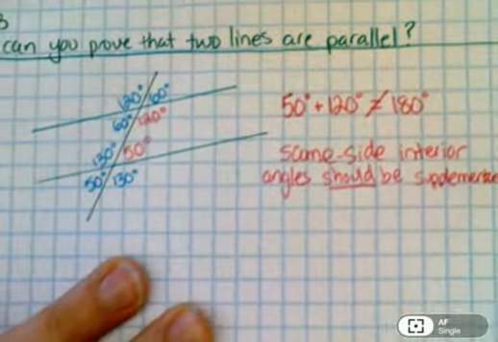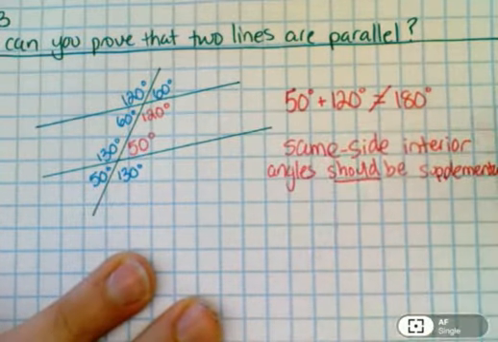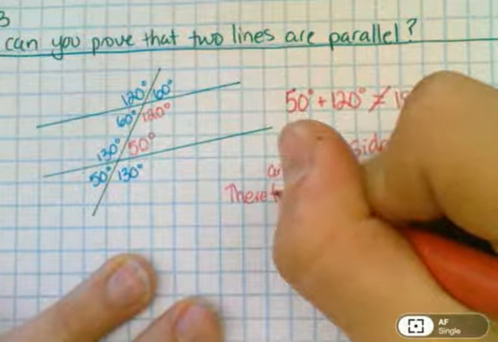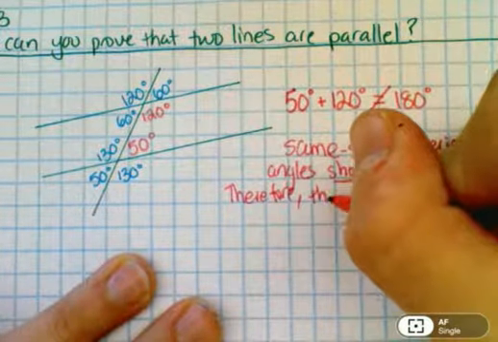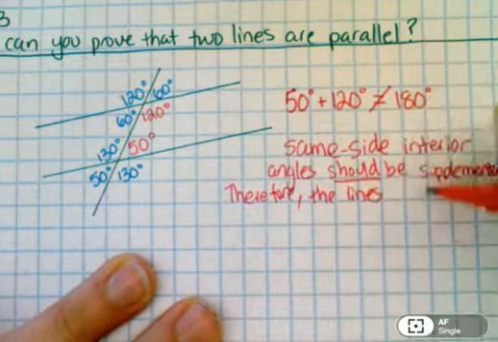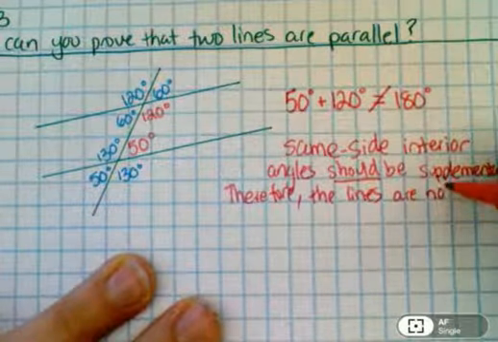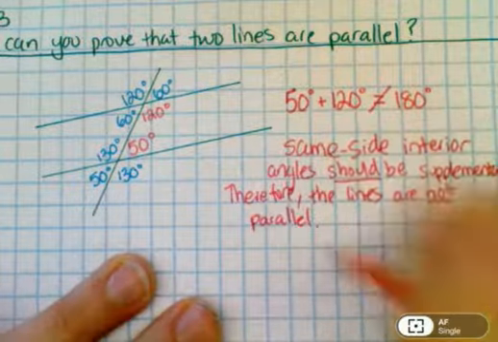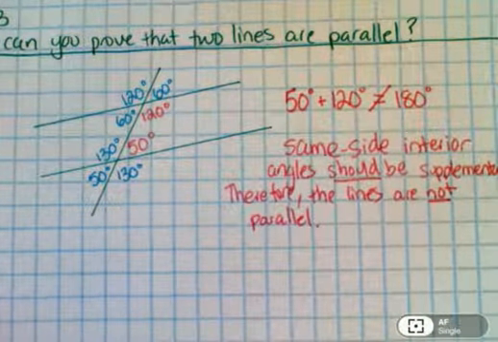And they're not. Therefore, these lines are not parallel. So we're going to write all that out. Therefore, the lines are not parallel. Okay? And that's really what today's lesson is all about.